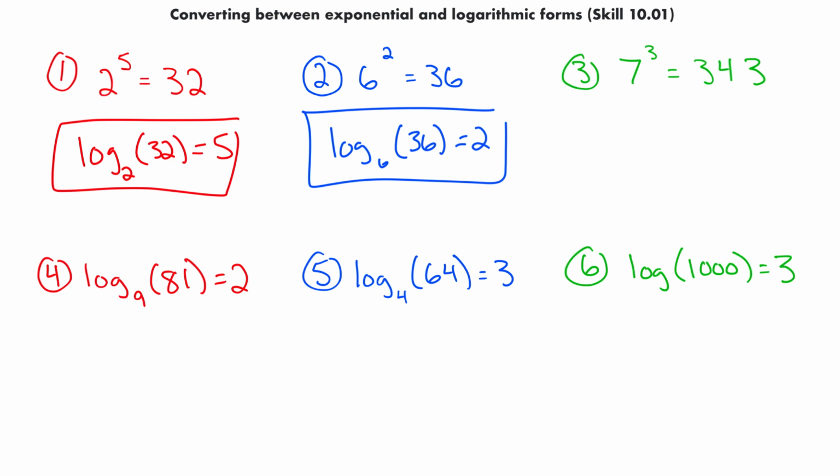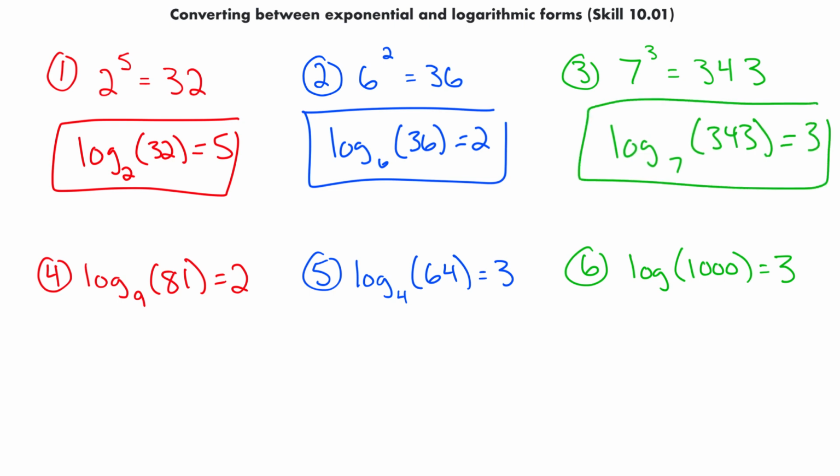Problem number 3, I have 7 cubed equals 343. If I want to write that as a logarithmic statement, that would be log base 7 of 343 equals 3. So that's how we convert from an exponential to a logarithm.